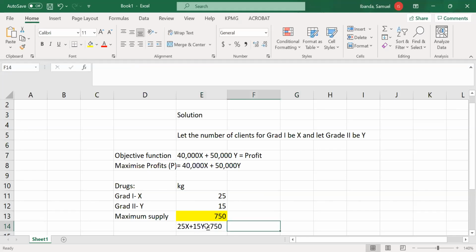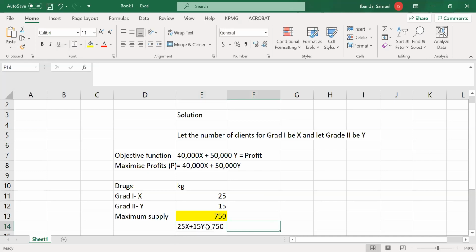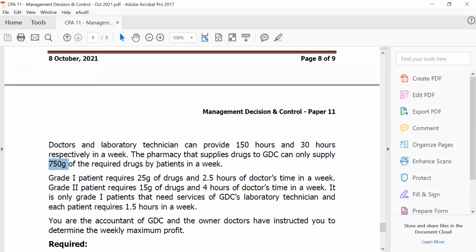So that's how my equation will be: 25x plus 15y less or equal to 750, because we must not exceed this. If we are planning for our patients, we must not exceed the 750 kgs that we have in terms of the supply that is required in a week. So that's what they have told us.